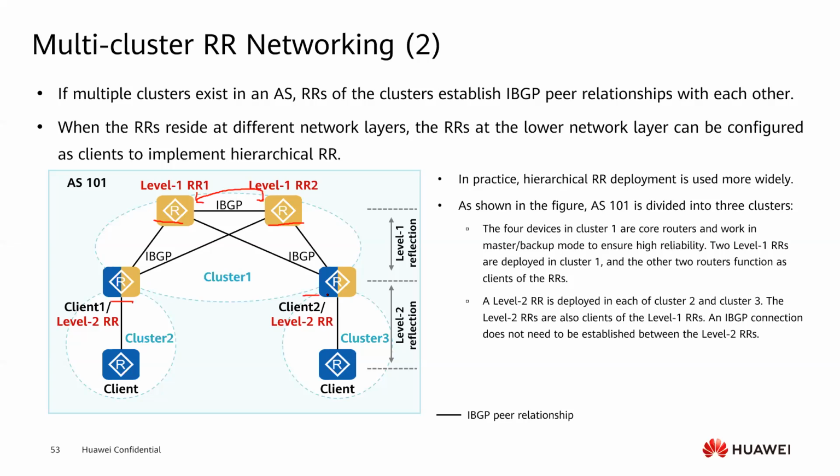And these two devices are the clients of these two RRs. And these two clients also work as the level 2 reflection RR. So in cluster 2, client 1 is also the RR for this client, and client 2 is also the RR for this client. So this is the networking for the hierarchical.